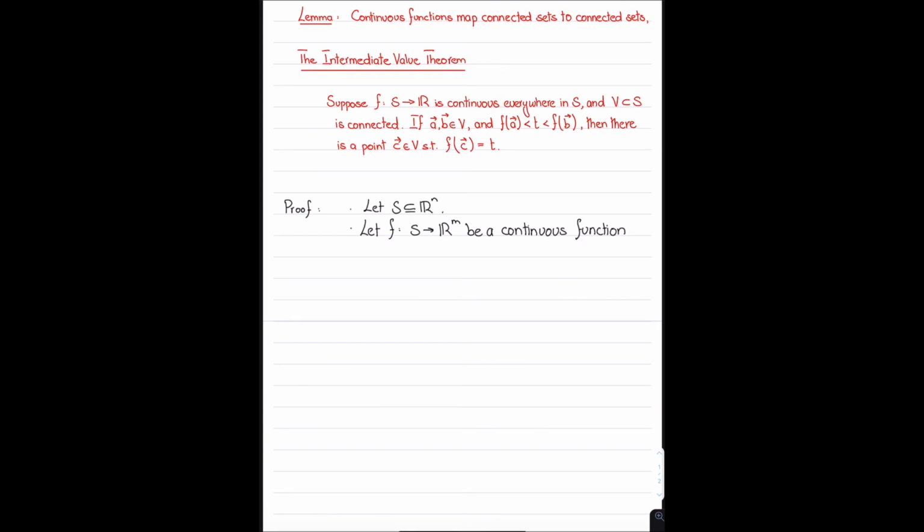Normally, in order to prove this lemma, I need to assume that S is connected, and then show you that f of S is also connected. What I'm going to do instead is use the contrapositive. I'm going to assume that f of S is disconnected, and then I'm going to show that S must also be disconnected.